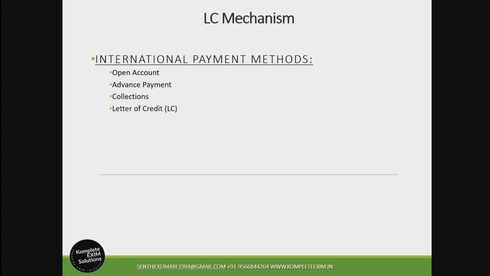So they want to reduce the cost and the complexity. A letter of credit is a little complex, we will come to know why it is so complex. So they want to avoid this complexity and cost, and open account is also very easy and quick. But open account will not help a new exporter when he is entering a new market.